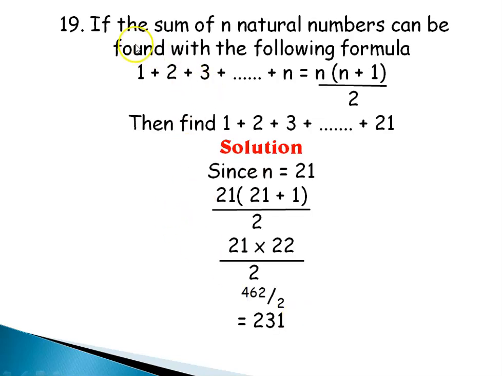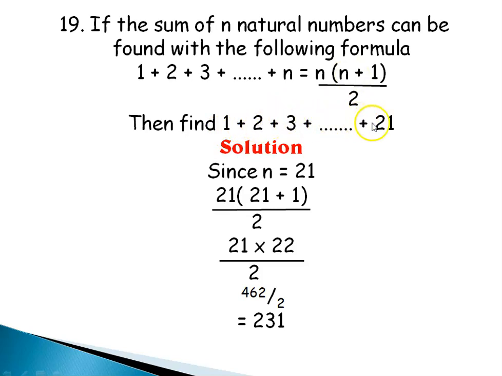Question 19 says, if the sum of n natural numbers can be found with the following formula: 1 plus 2 plus 3 plus up to n is equals to n into bracket n plus 1 over 2. So this is actually the formula for finding the sum of natural numbers. And then you are given the natural numbers to be 1, 2, 3, and so on.